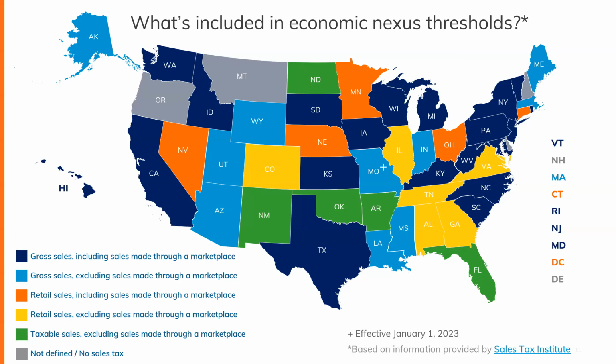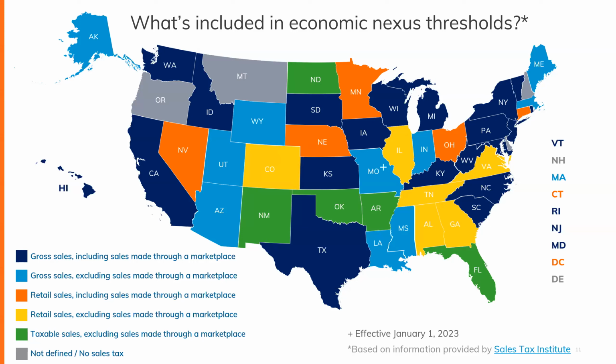In terms of what's included in economic nexus thresholds, that's going to vary as well. Not to get across the different states and how they're looking at things, but some are going to be gross sales, and these include any sales that are made through a type of marketplace. Some take those gross sales alone, but don't include marketplace sales. Some are retail, again, including or excluding a marketplace.